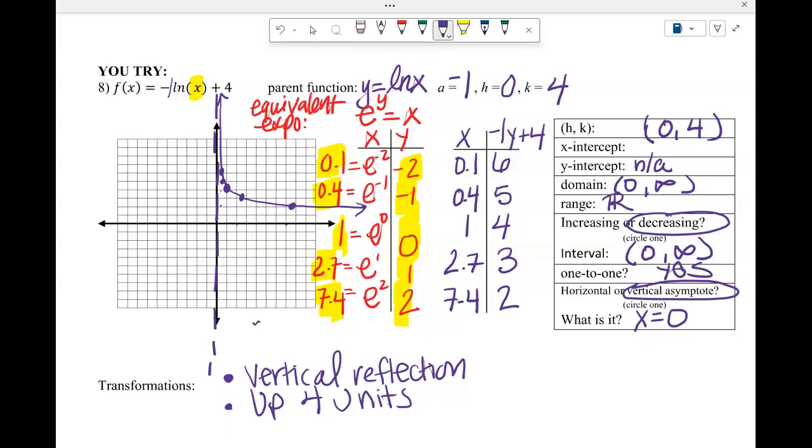So our job right now is to solve for your x-intercept. x-int when y equals 0. So 0 equals negative natural log of x plus 4. Remember, your job is to isolate the natural log, so subtract 4 from both sides. So then that would say -4 equals negative natural log of x.